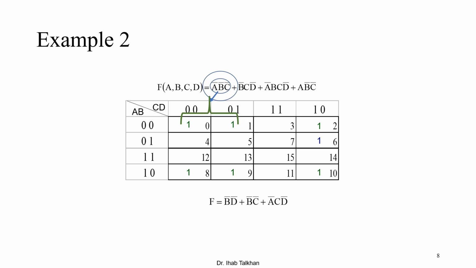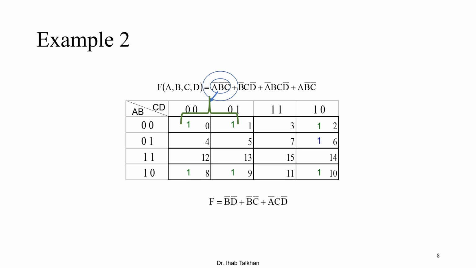C bar means C equals 0. So the first two columns represent C bar, which means that you have 2 vertical lines and 1 horizontal line. The intersection between these lines will give you the cell numbers where the ones exist. So for the term A bar, B bar, C bar, cell number 0 and cell number 1 are the intersection between the horizontal and vertical lines, which means the ones representing this term exist in cell number 0 and cell number 1.